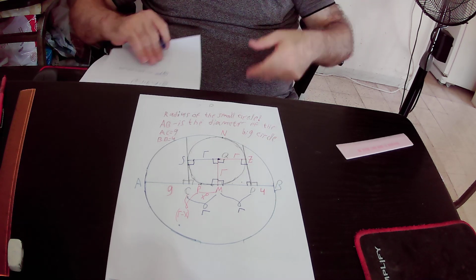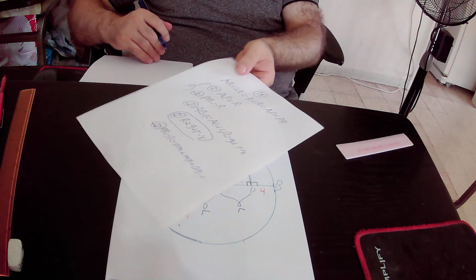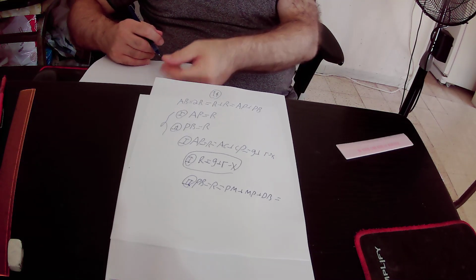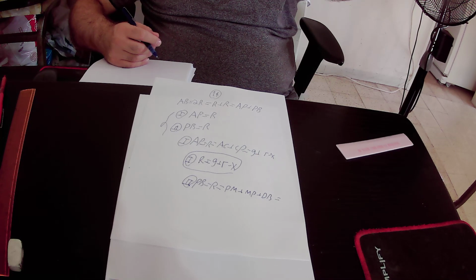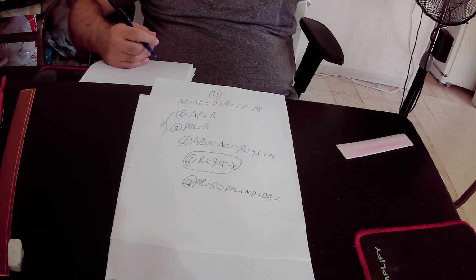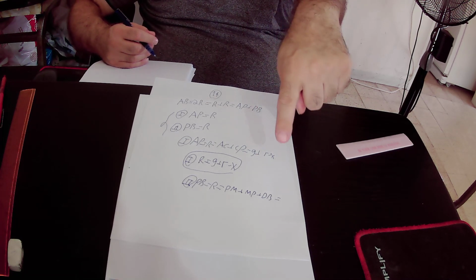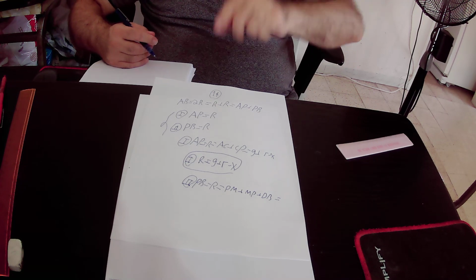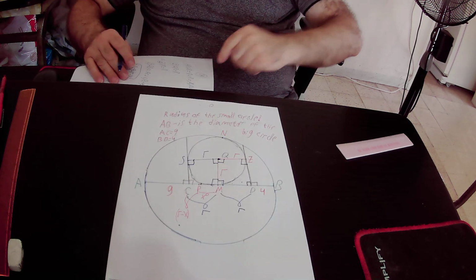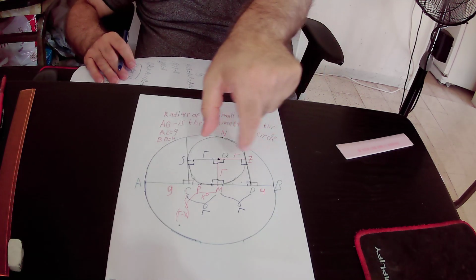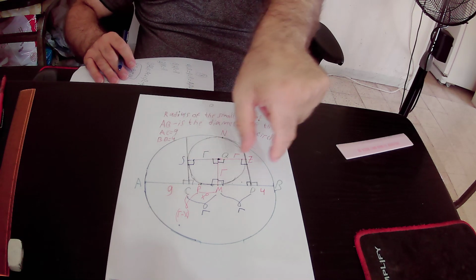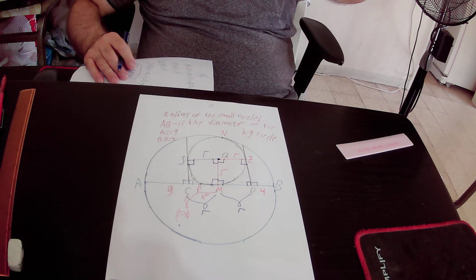Okay, so from the drawing we can see that PB, which equals the radius of the big circle, equals PM plus MP plus BD. Again, PB equals PM plus MP plus BD, or DB.